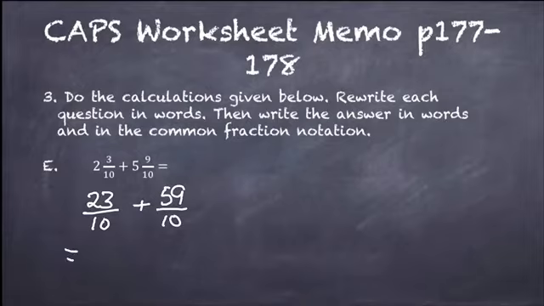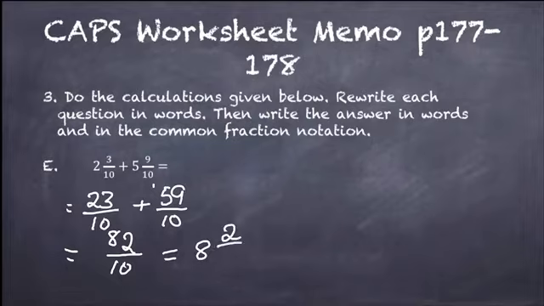My denominators are the same, so I'm going to be able to just add across. 3 plus 9 is 12, carry a 1. 2 plus 5 is 7, plus 1 is 8 over 10. I'm going to divide up. 10 goes into 88 times with a 2 remaining. I can simplify 8 and a fifth.